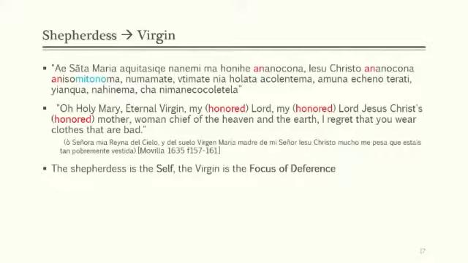So when the shepherdess refers to the virgin, I think you've seen this one before. O Holy Mary, eternal virgin, my honored Lord Jesus' honored mother, right? So the shepherdess here is the self, the virgin is the focus of deference. So the shepherdess shows deference to the virgin.